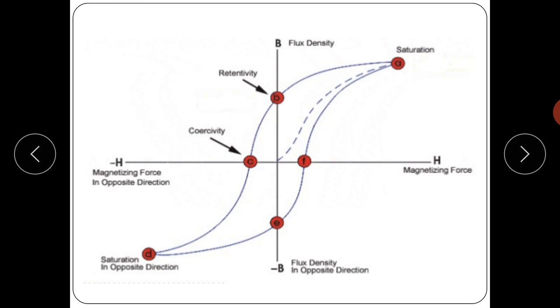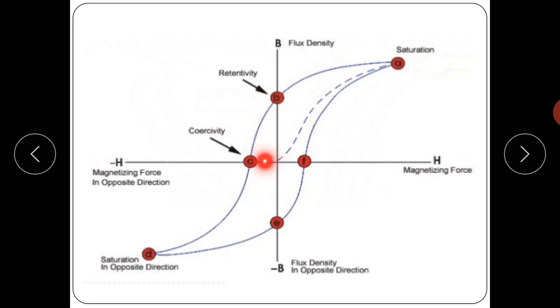The coercive force, or coercivity, makes Br zero. Br is the remnant flux density, or the retentivity.